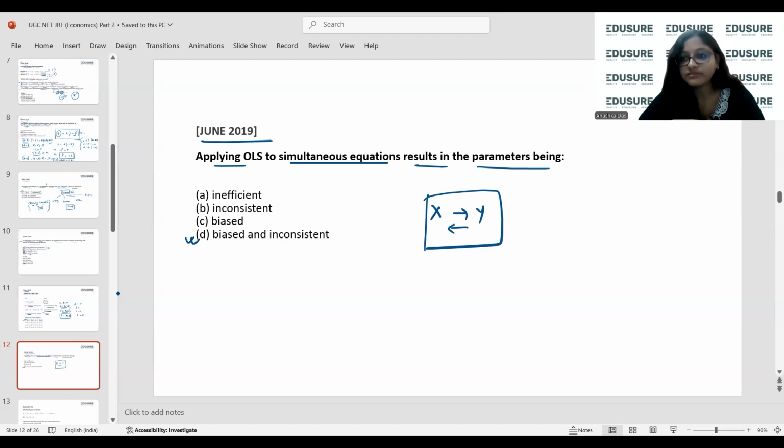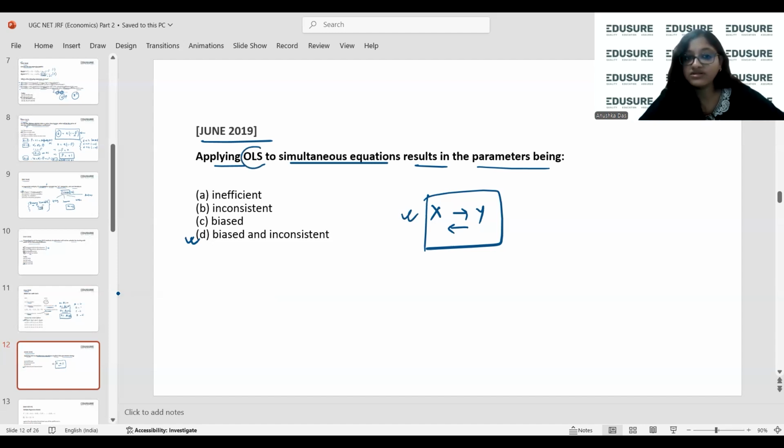In CLRM, the exogeneity assumption has to be maintained: explanatory variables have no correlation at all with the error term. But if they get correlated with the error terms, then the problem of endogeneity arises, which leads to simultaneity bias, due to this bidirectional causality.